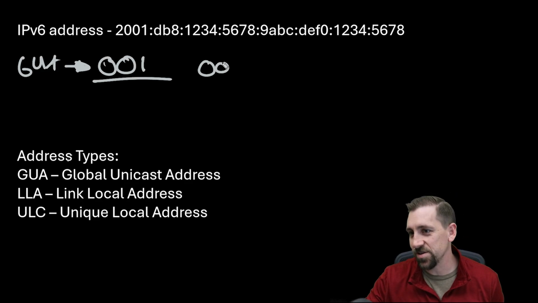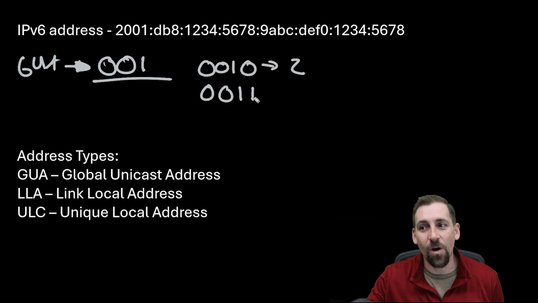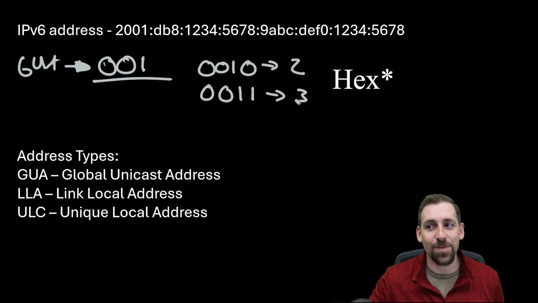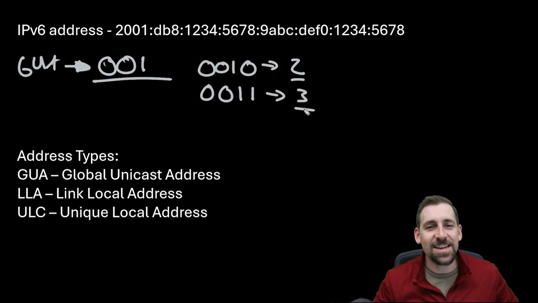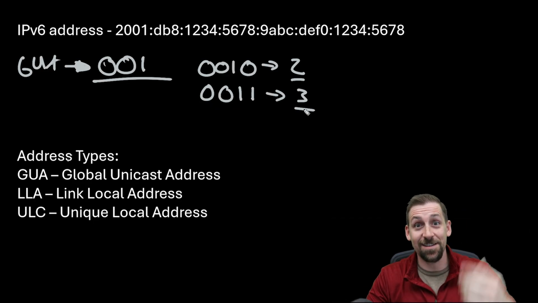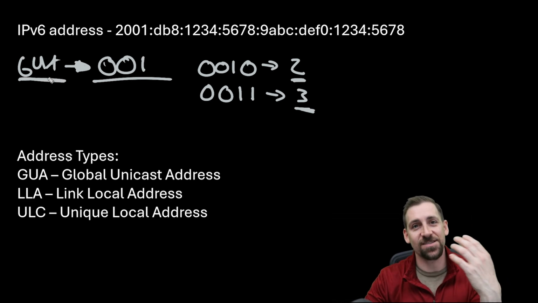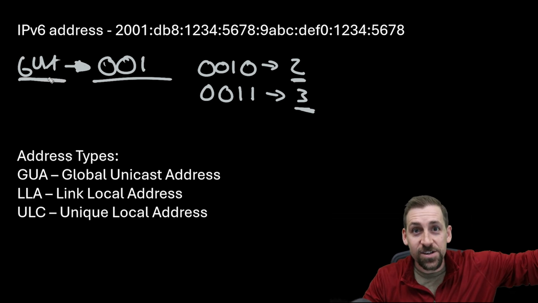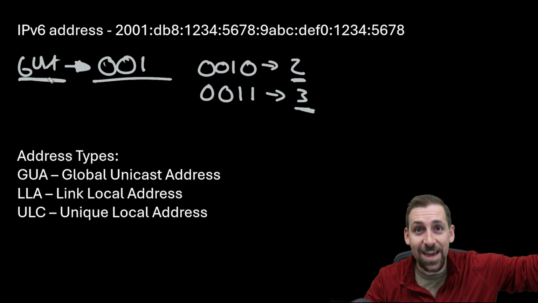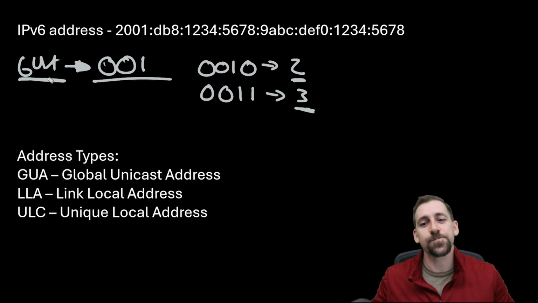I can make 0, 0, 1, 0. This is a 2 in binary, or 0, 0, 1, 1. That is a 3 in binary. That means that every single global unicast address on planet Earth, or elsewhere, I suppose, out in the space stations or whatnot, only begin with 2 or 3. And those are global unicast addresses. Those are addresses that you can dole out to devices on the public internet and that they can use to communicate to other devices on the public internet.